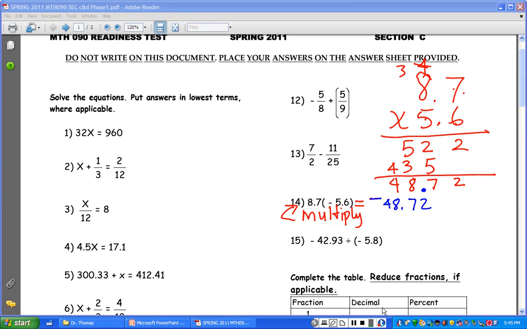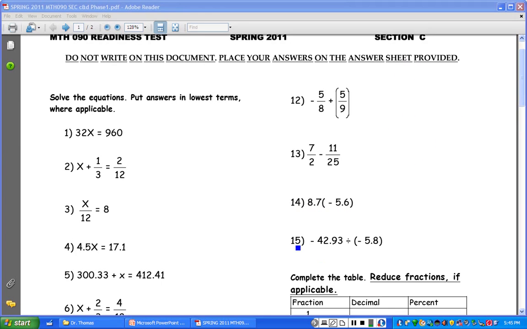Moving on, let's do number 15 here. So we have a negative number divided by a negative number. So you automatically know your answer should be positive. So all you have to worry about is dividing 5.8 into 42.93. When you have a decimal in the divisor, you must move the decimal so that you are dividing by a whole number.